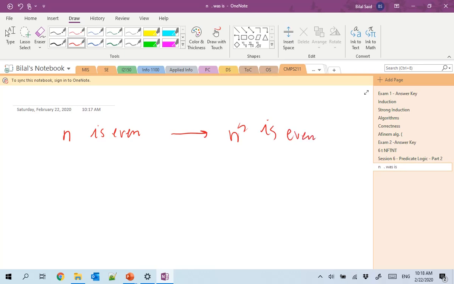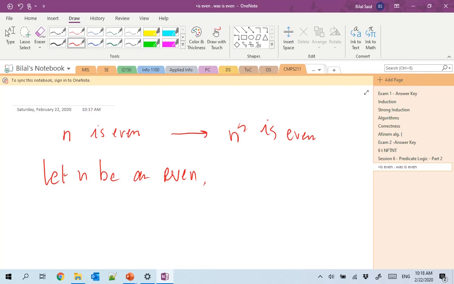Okay, so let n be an even number. So we have to start from the premise, and then step by step we have to reach the conclusion. So usually you should be able to make certain progress. You must be able to analyze that property, by checking its definition, by replacing n by something else, and so on and so forth.